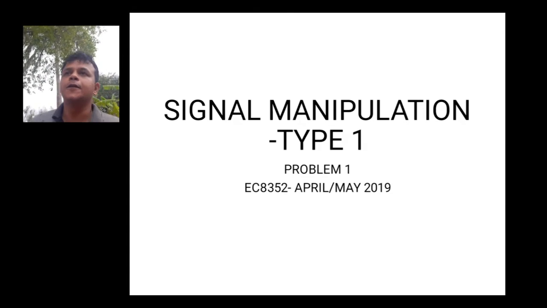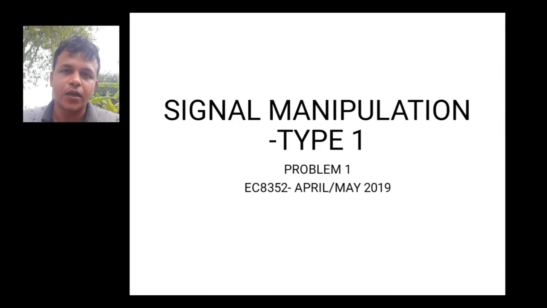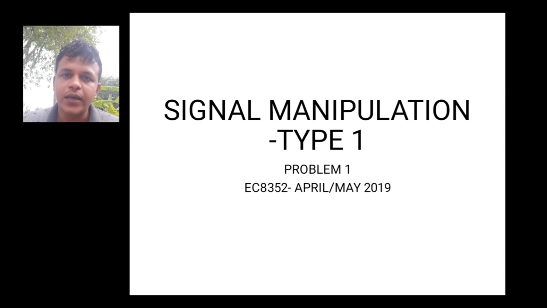When we talk about time shifting manipulation, it can be classified into two types: time advanced or time delayed. Time advanced means if a signal has to start at the third second, we may make it start at the second, first or 0th second, in an advanced manner.